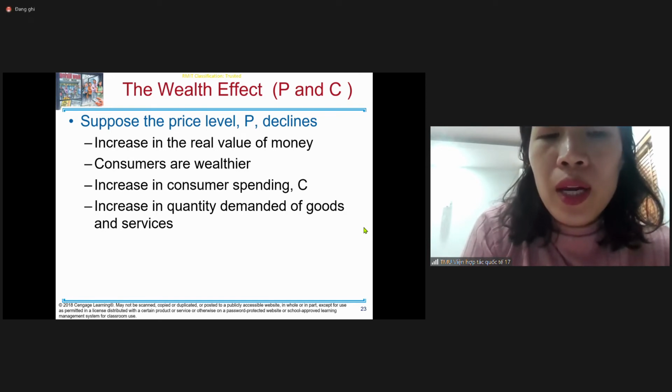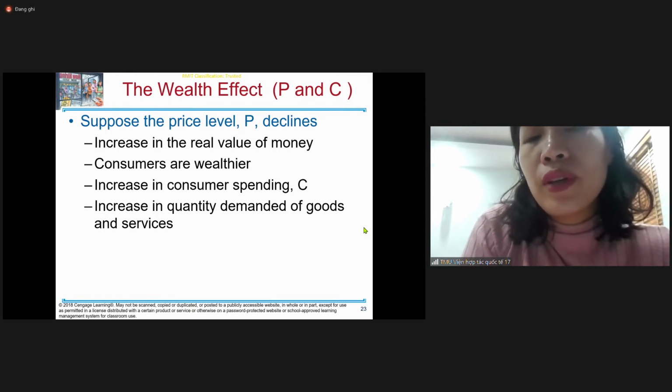Okay, and also it increases the quantity demanded for goods and services, right? Because people are spending more now, because as the price falls, the quantity demanded for goods and services increases.